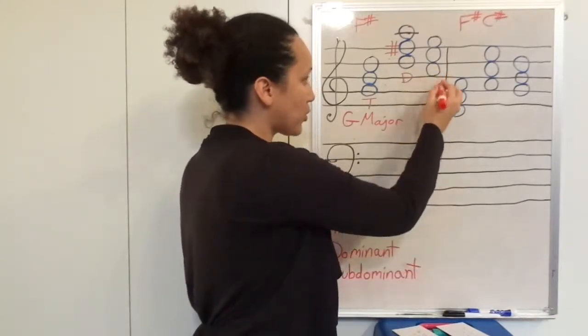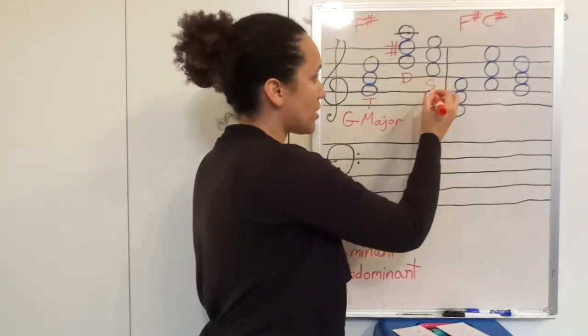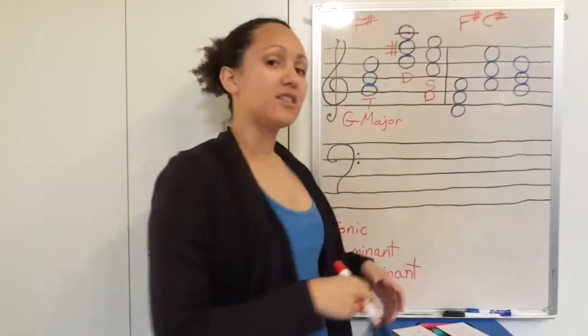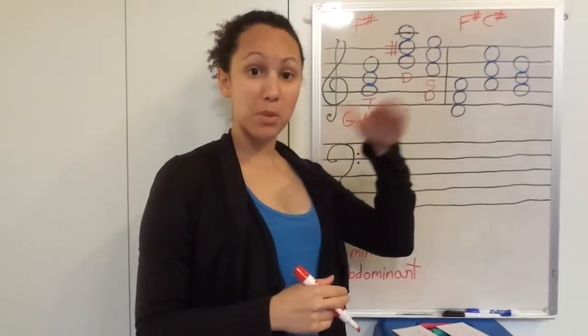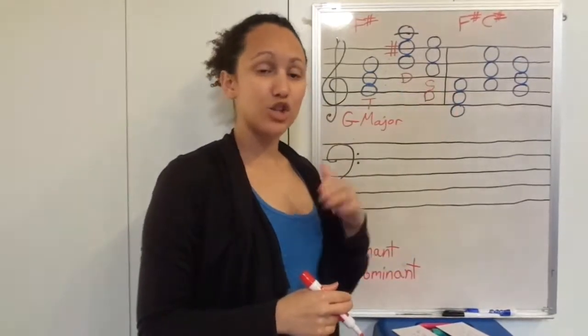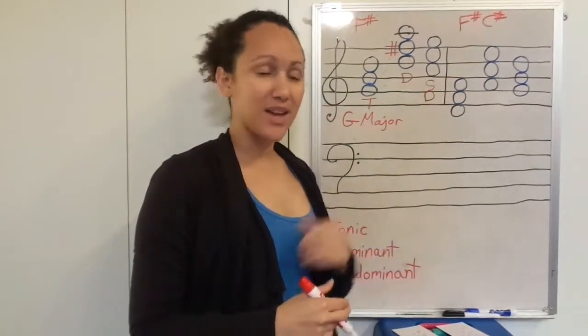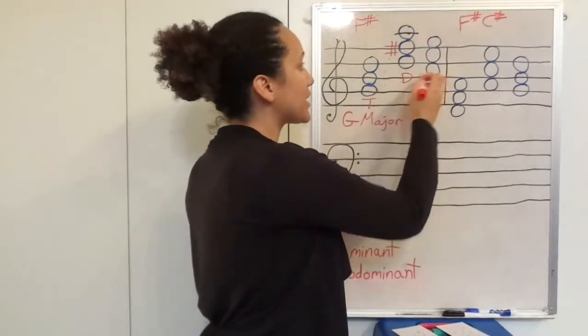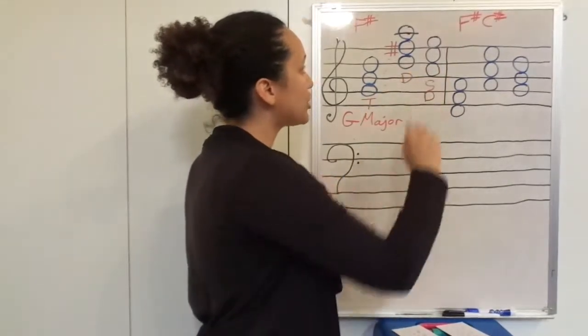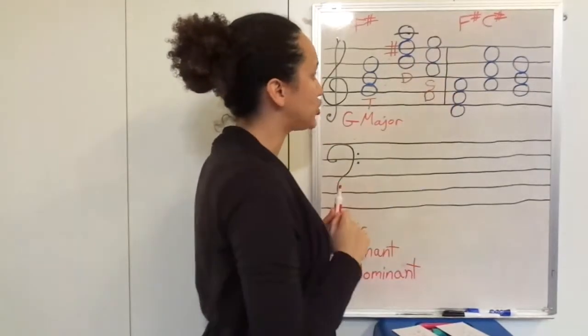So there's our 4 chord, our subdominant. Subdominant meaning it's 5th below, but when we count up from the bottom for the scale, starting with G and going up, it ends up being the 4 chord. So there's our 1 chord, our 5 chord, and our 4 chord. And there's no F in here, so it doesn't need to be sharped.